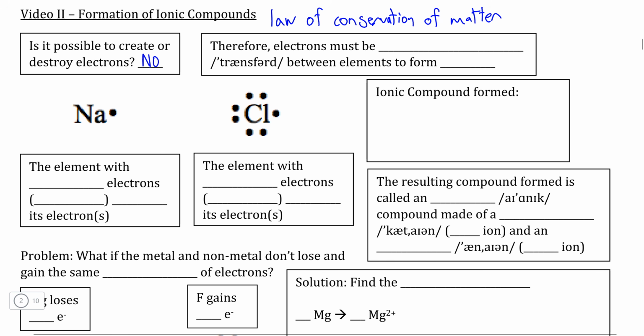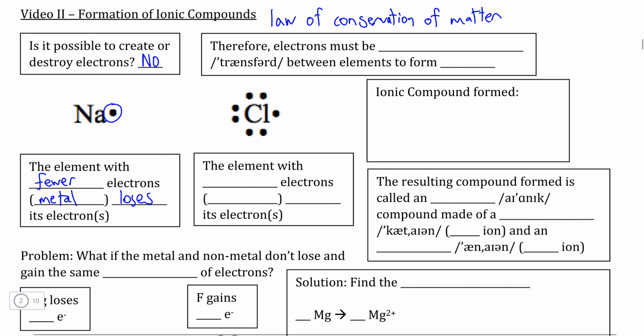So in this case, when we look at sodium and chlorine, we have the basic understanding that because sodium is the element in this pair that has fewer electrons, and again, in element pairings, this is most likely always going to be some sort of metal, it is easier for sodium to lose its one valence electron than it is to gain 7.